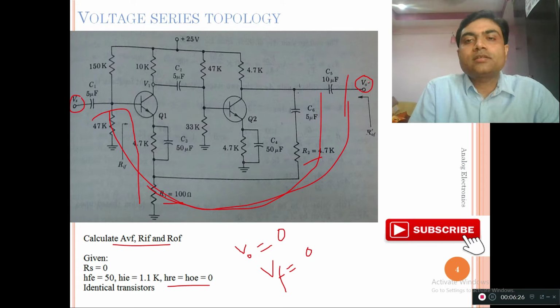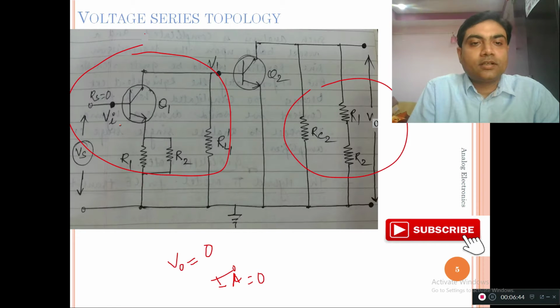If I make this VO equal to 0, if I short circuit this, R1 and R2 comes in parallel. Are you getting this? R1 and R2 comes in parallel if I short circuited the output node, and R1 and R2 can appear in the input circuitry like this. So R1 and R2 comes into parallel and it is in the Q1 side.